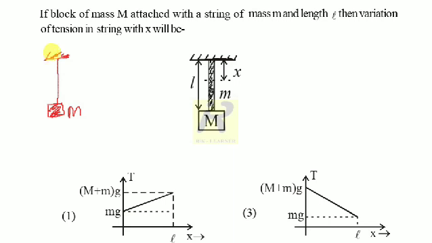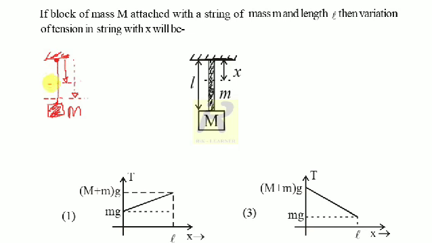When you move from top to bottom like this, the mass at this particular level is something, and when you go beneath this, the mass at this level is still less. So when you move from top to bottom, the corresponding mass of the rope decreases.